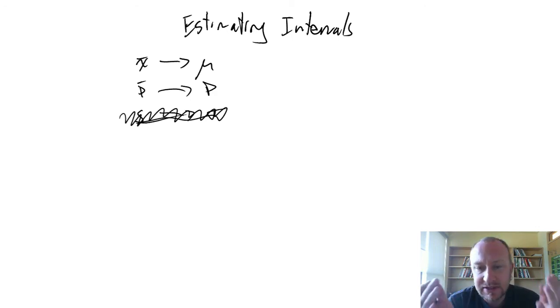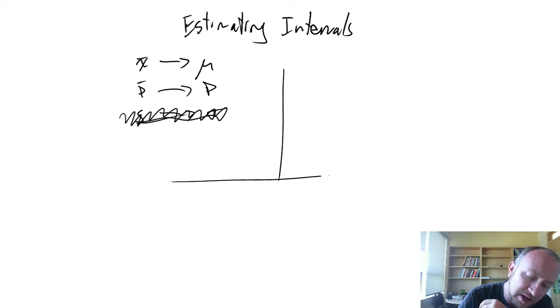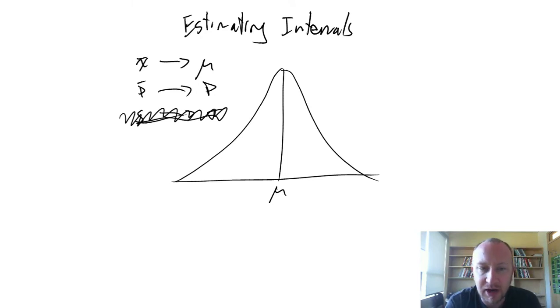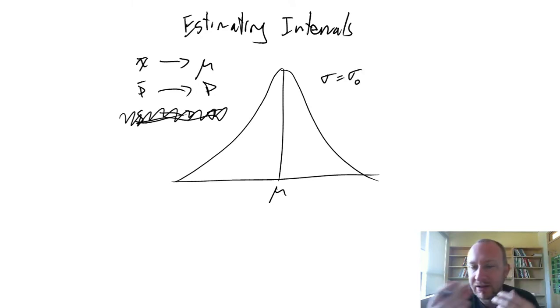Well, in Module 7 we looked at point estimates, we looked at sampling distributions. So we have some idea of how these sample means are distributed within a population. If this is my population, it has some standard deviation denoted sigma naught.